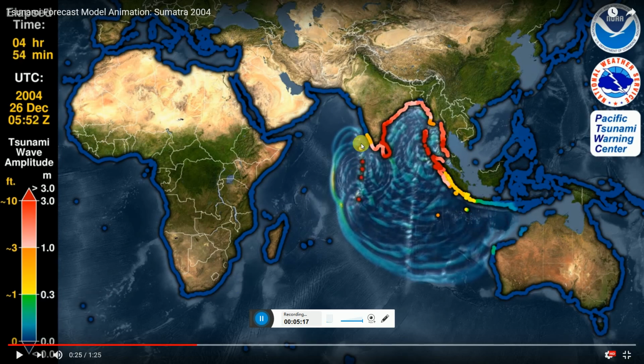The Maldives, as you saw, reflected a lot of the wave energy back towards Sri Lanka and India, which is this wave over here. If the Maldives didn't exist, one would have seen waves up to close to 10 meters high in here in Africa and Madagascar.